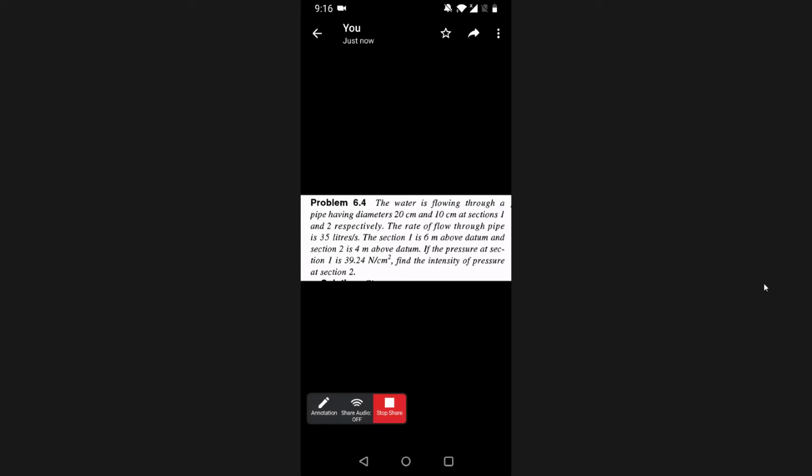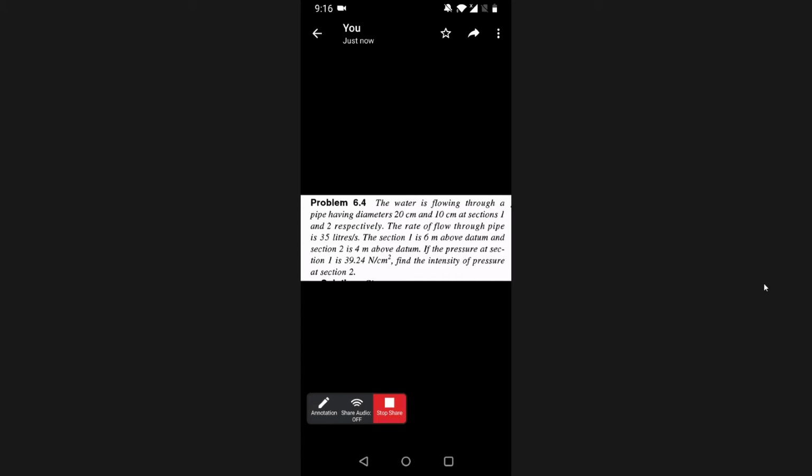Question 6.4, I'm solving. What is given? Water is flowing through a pipe having diameters 20 centimeters and 10 centimeters at sections 1 and 2. So we have a pipe whose diameter is decreasing.